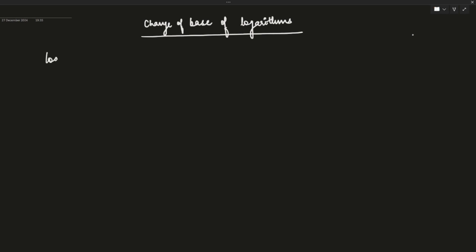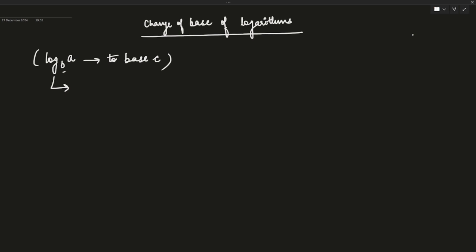Let's take an example. Suppose we have a log as log of a to the base b. Now you are asked to change this log to base c. So what will be your answer?